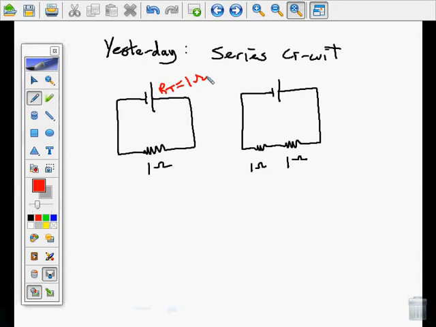That's the total opposition. But after I added a second resistance, what's the total resistance?